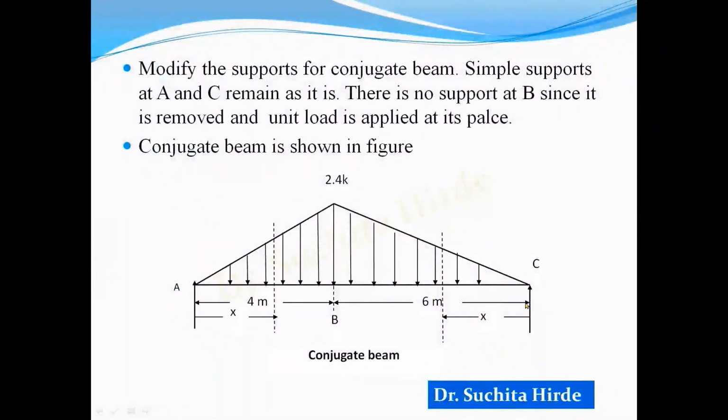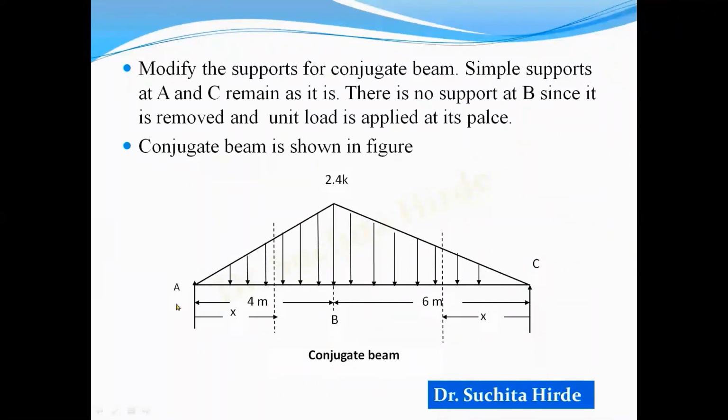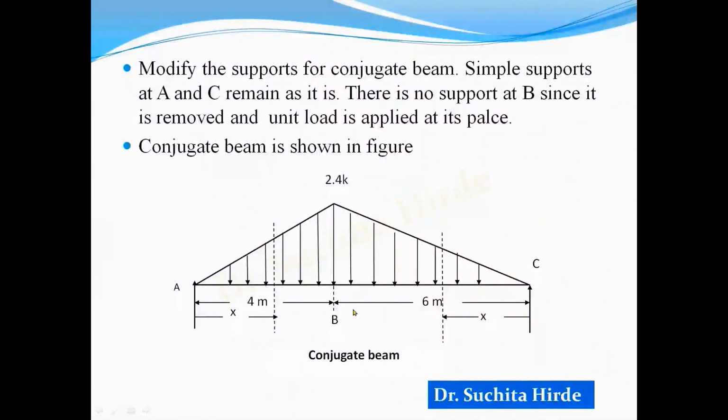While drawing the conjugate beam, we have to modify these supports. But since these are simple supports at the end, we don't have to modify. In the next problem, we will see how to modify these supports if they are intermediate supports. But if the supports are at the end, we don't have to modify them.